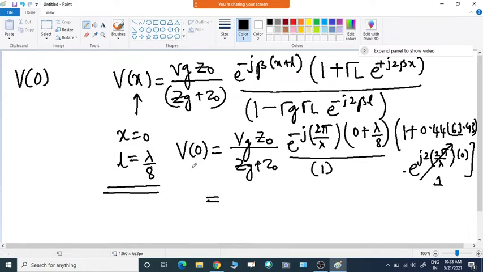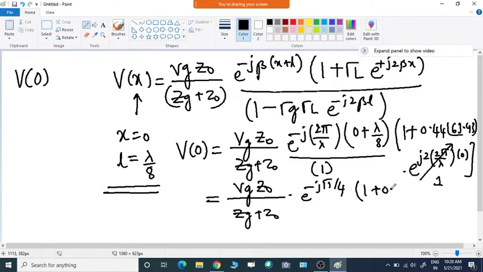So now we can substitute for total voltage. So V of 0, which is Vg into Z0 divided by Zg plus Z0 into, you can see this is lambda by 8, again it will give e power minus j pi by 4. So this into 1 plus 0.44 at an angle 63.43, divided by 1.